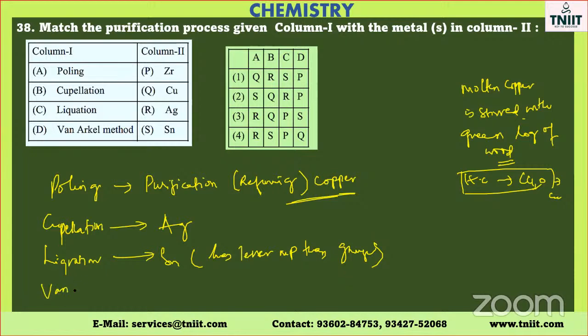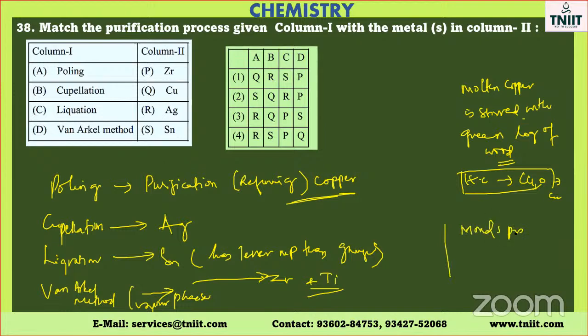And next is the Van Arkel process. Van Arkel process or method is also called vapor phase refining. It is done for zirconium. Zirconium and titanium are purified by the Van Arkel process. And Mond's process, you should remember, is for nickel.